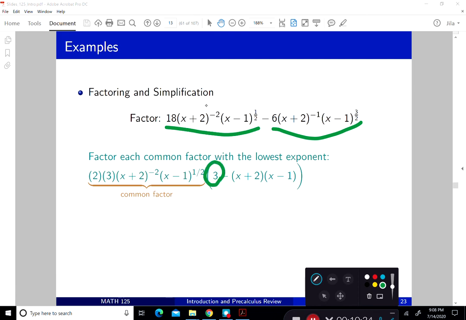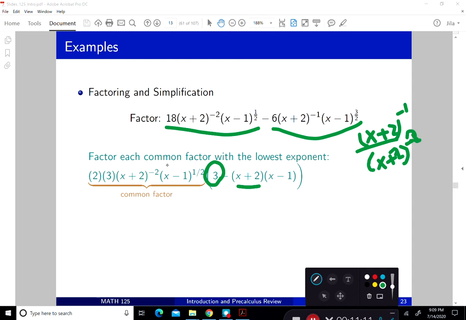So 3 is what is remaining out of that one after the common factor. Over here, after I factor 6, nothing is remaining. After I factor (x plus 2) to power negative 2, let's say factoring means dividing, right? So what is remaining is going to be, according to exponent law, (x plus 2) to power 1. And so that's that. Then (x minus 1) to power 3/2.